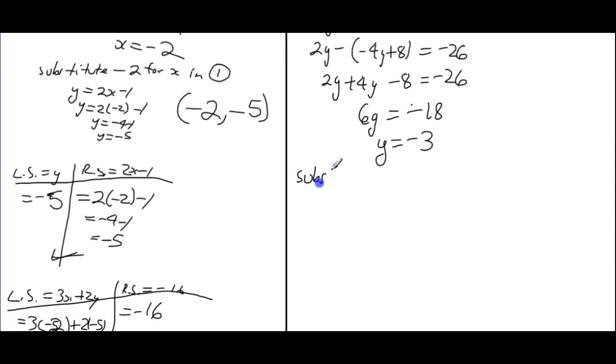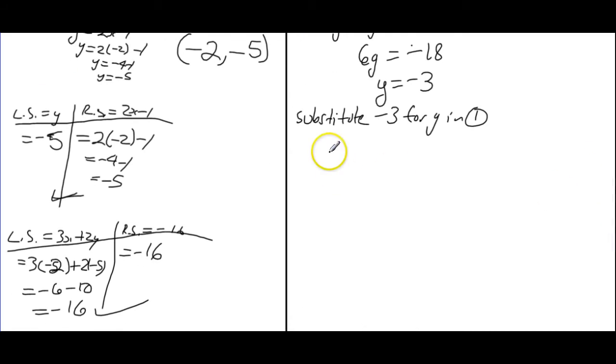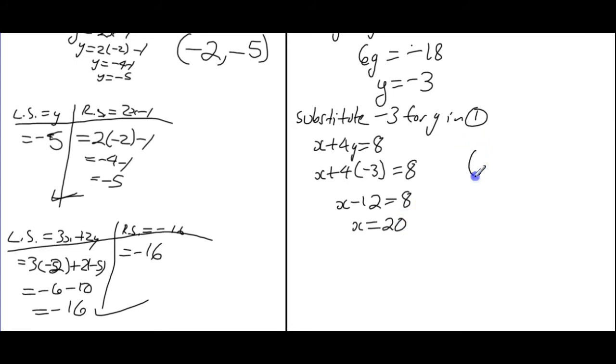So what we're going to do at this point is we're going to substitute negative 3 for y in equation 1, which was x plus 4y equals 8. x plus 4, so wherever we see y, we can put negative 3, is equal to 8. x minus 12 is equal to 8. So x is equal to 20. And the solution then is 20, comma, negative 3.